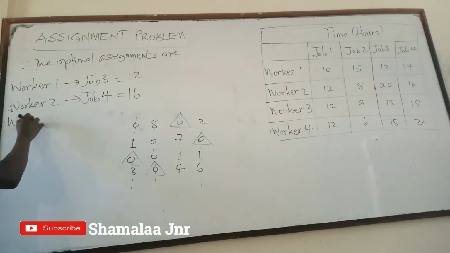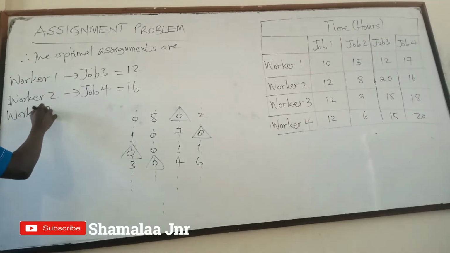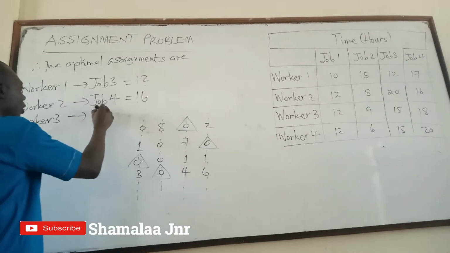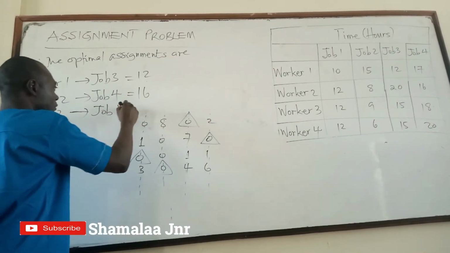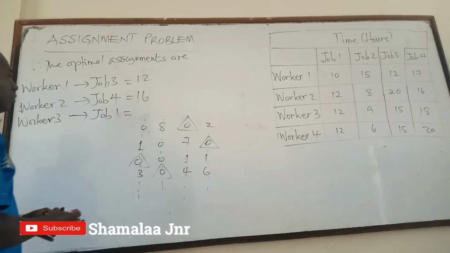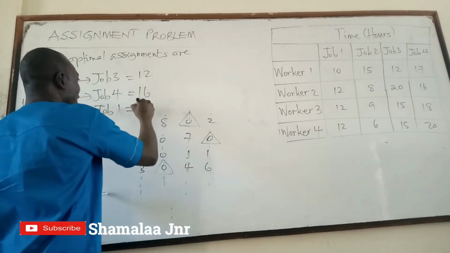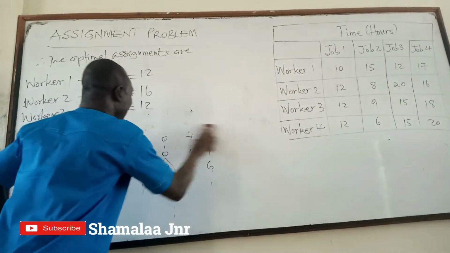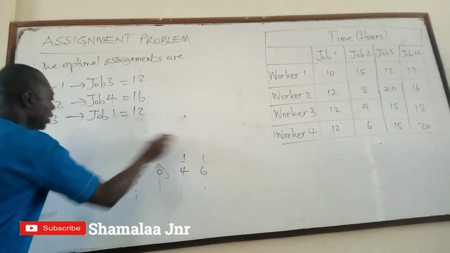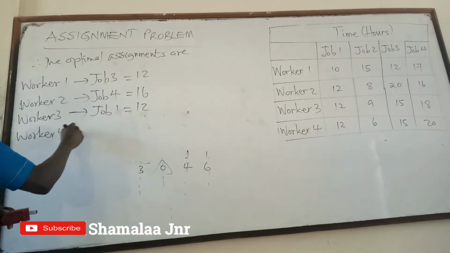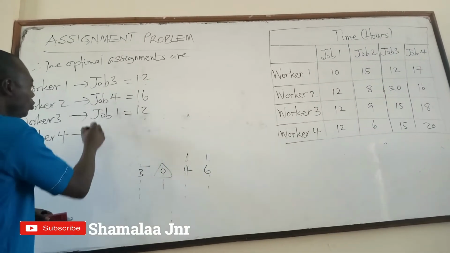Worker 3 will take job 1. And then you will need 12 hours. So 12 hours. And then lastly, worker 4 will take job 2.